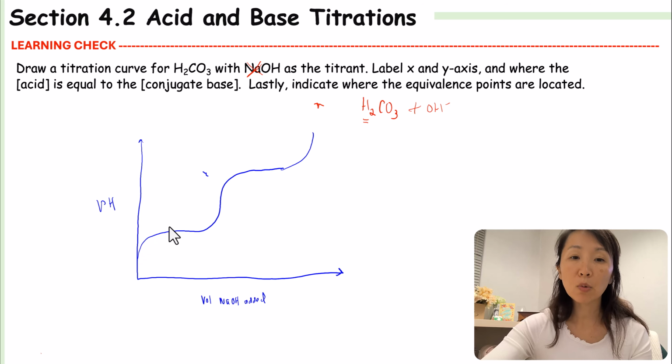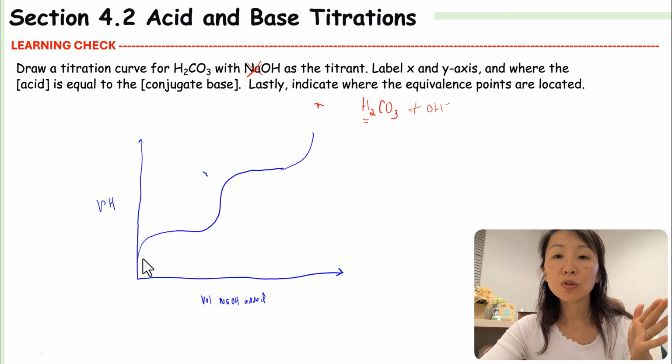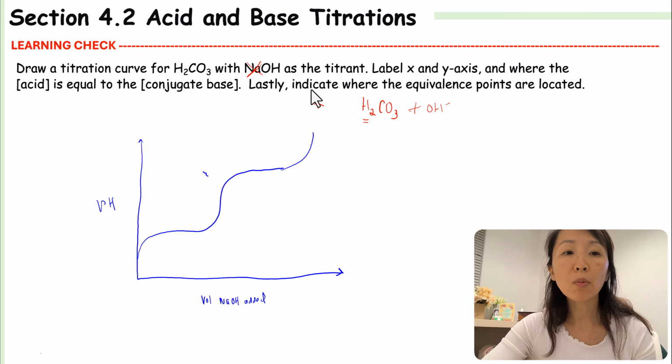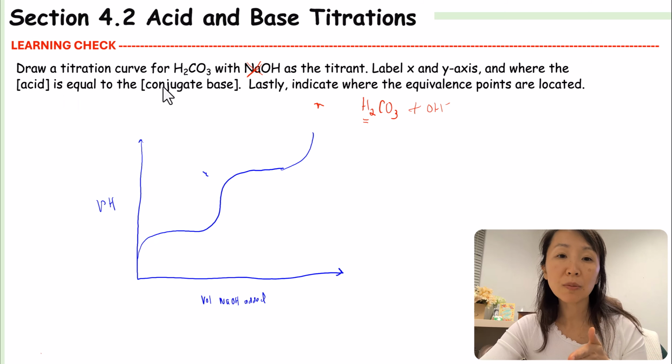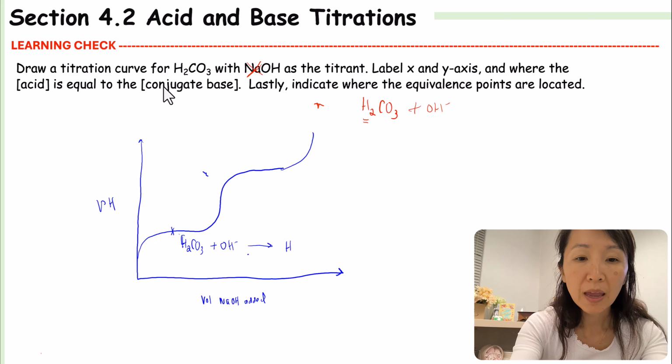This area is not an equivalence point. Very in the beginning, we only have H2CO3. We only have its acid, but it wants us to label where the acid is equal to the conjugate base. That would be at the first buffer region, which is right here. This is where H2CO3 is reacting with hydroxide to form HCO3 minus plus H2O.